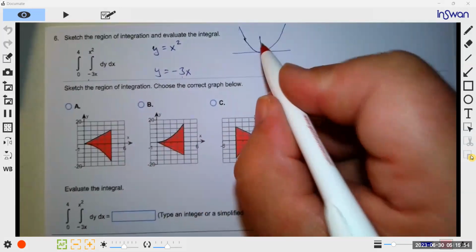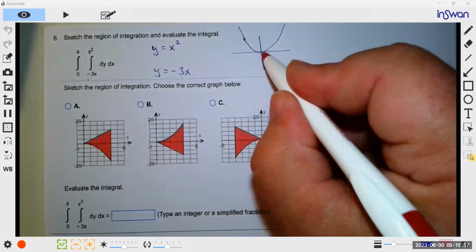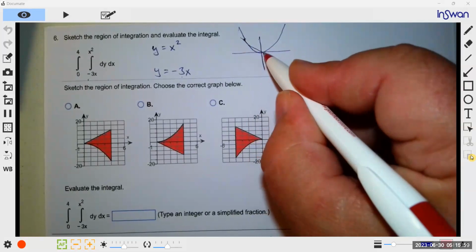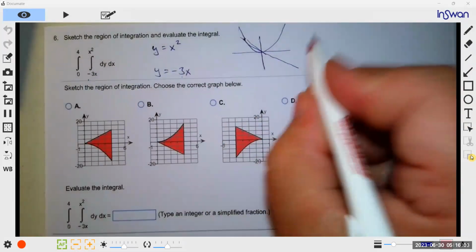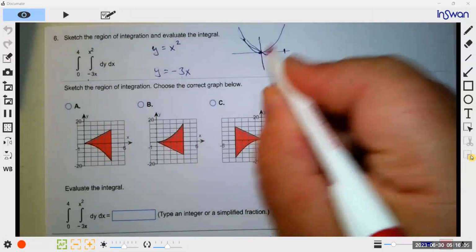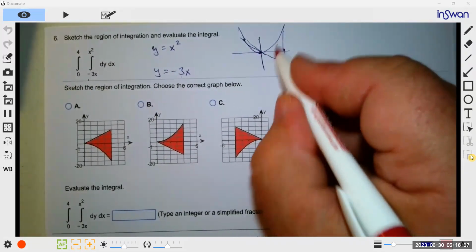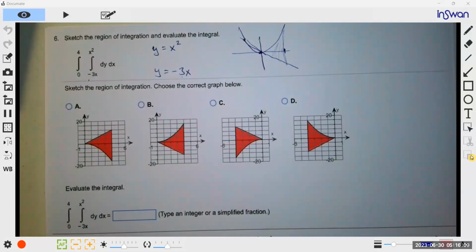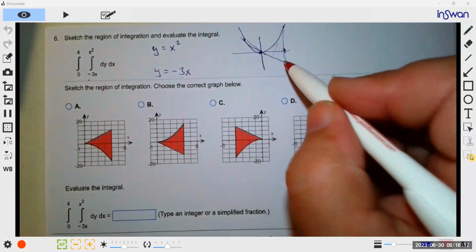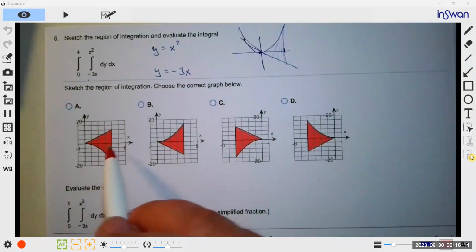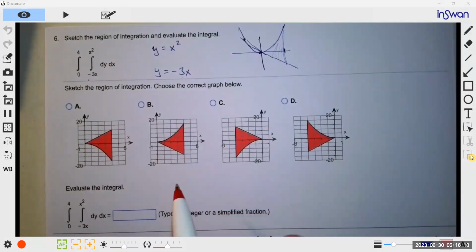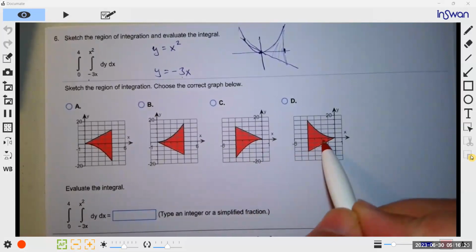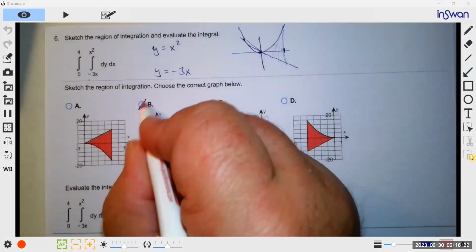Then the bottom one is a downward slope like that. But it goes from 0 to 4, from here to here. This is the area we're looking for. It's a curve on top, straight on the bottom. That's the wrong side. So it's got to be B.